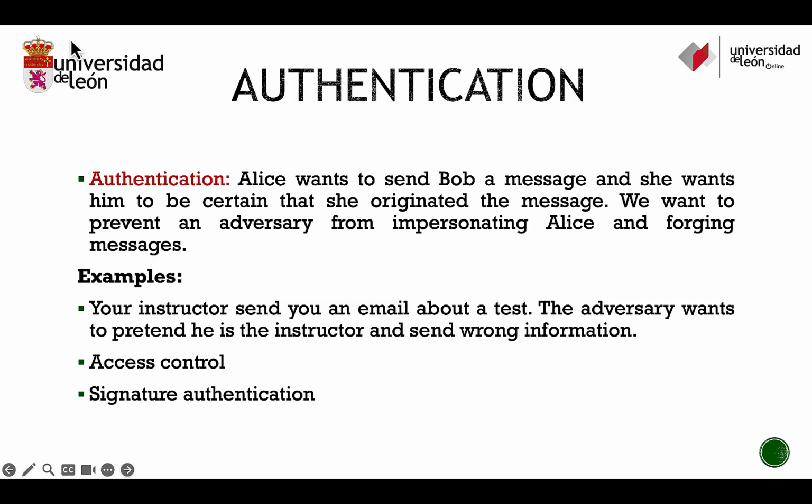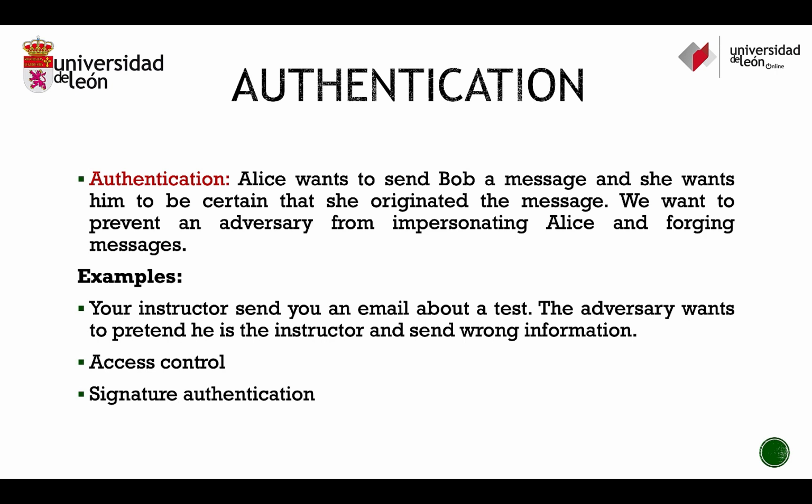When we want to obtain authentication, we want to make sure who sends the message. So if Alice wants to send Bob a message, she wants him to be certain that she was the one sending it and originating it. We want to prevent an adversary from impersonating anyone and forging messages. Imagine, for example, that your instructor sends you an email about a test. The adversary wants to pretend he is the instructor and send wrong information.